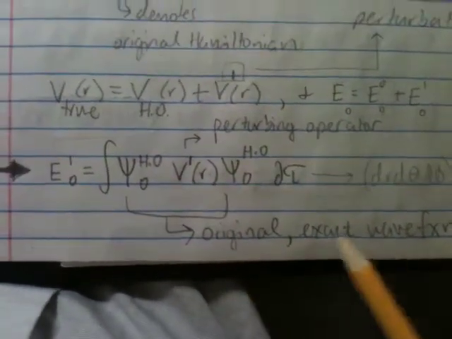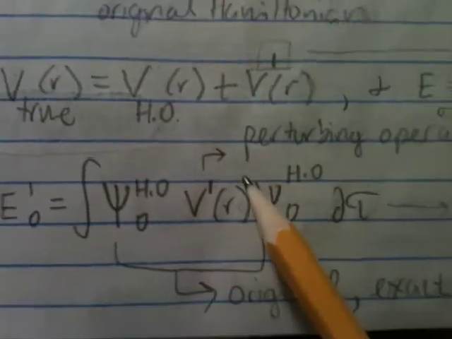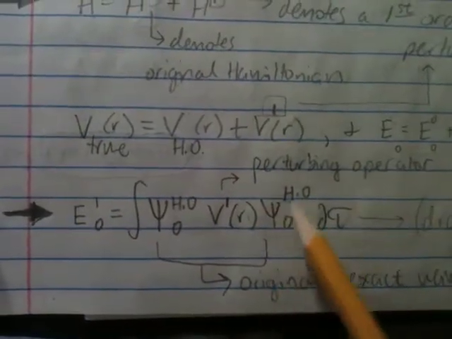Because you have your original exact wave function, and then this perturbing operator, with some force F, is acting on your function psi. So that's the perturbation theory.